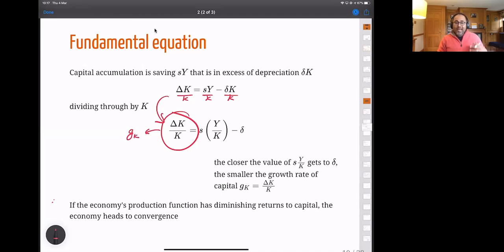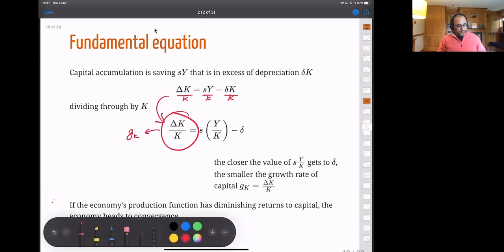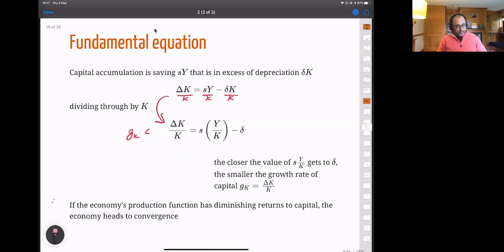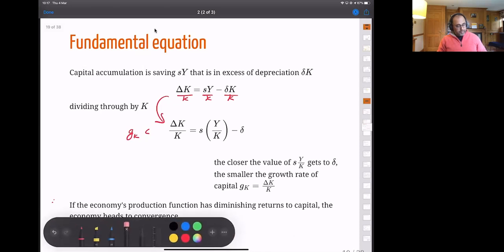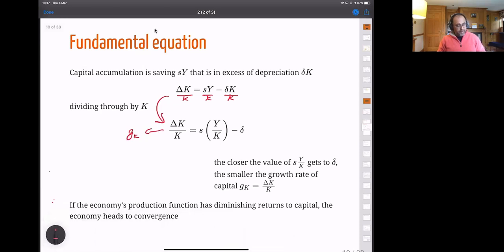Now you know exactly what determines it. Capital stock growth is determined by two factors: one is S, and the other is Y over K.